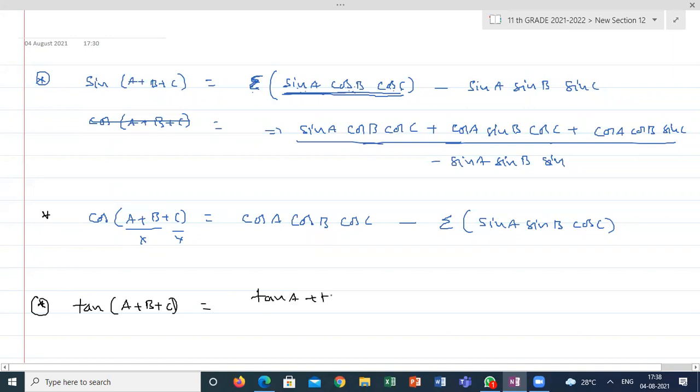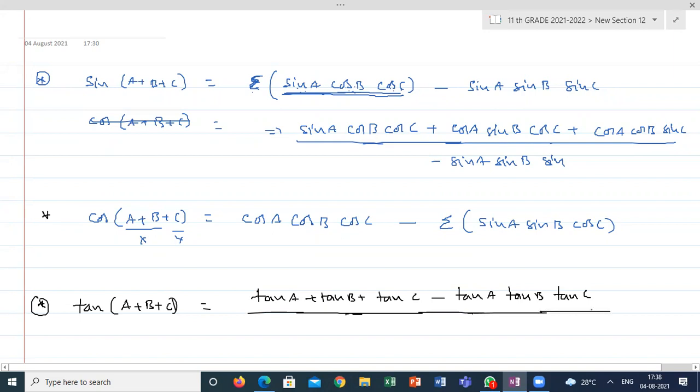Tan A plus tan B plus tan C minus tan A tan B tan C, divided by 1 minus tan A tan B minus tan B tan C minus tan C tan A. This is how we can discuss the summation of 3.